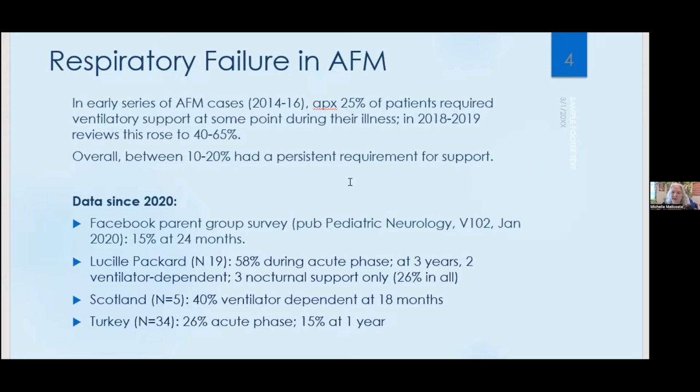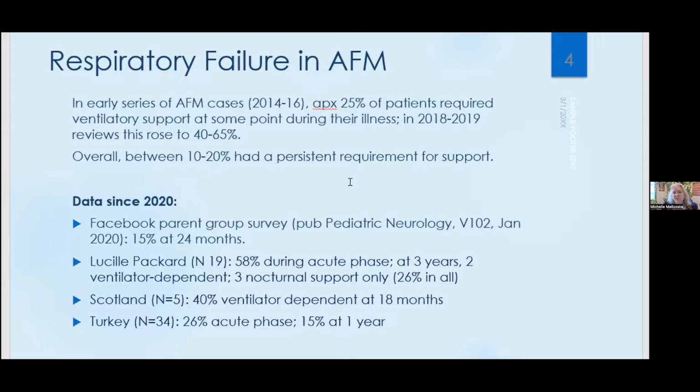At 3 years out, 26% of their patients were still requiring ventilatory support. Kind of similar to the 2 European studies that are here. But then I saw studies from the Pacific, from Japan, and also I think one from UCLA where the numbers were a fair bit lower.